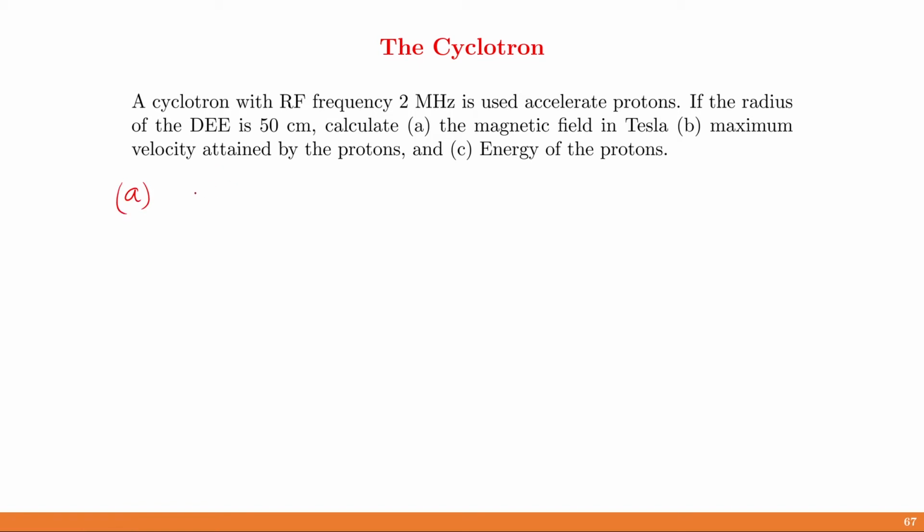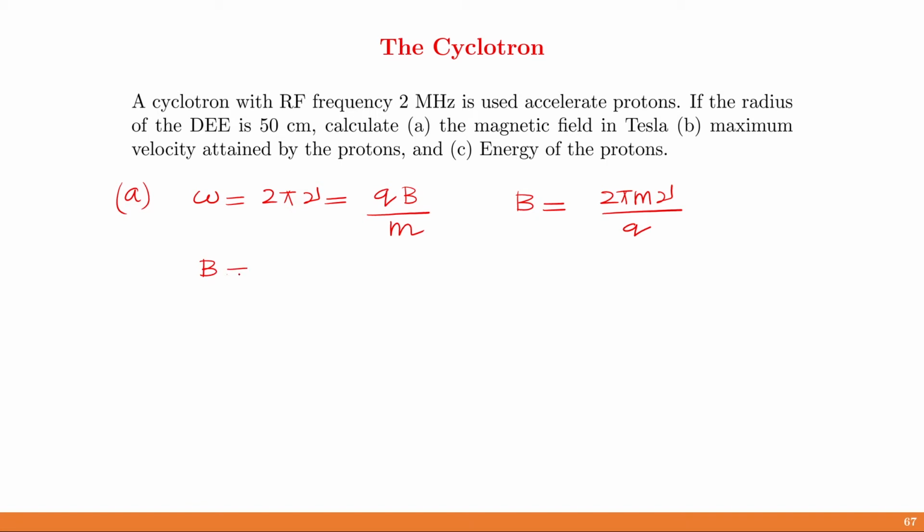From the fundamental equations, we have omega equal to 2 pi nu, which is equal to q B over m. From this equation, we have B equal to 2 pi m nu over q.